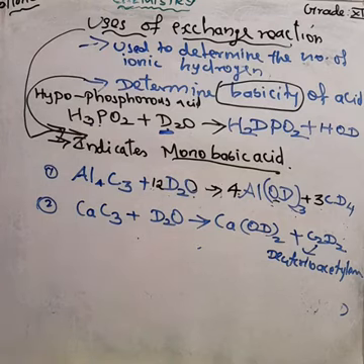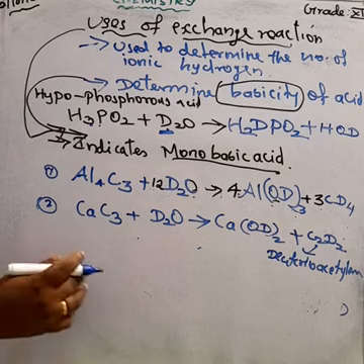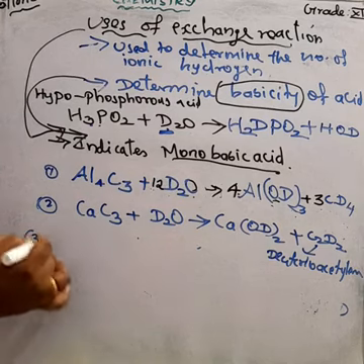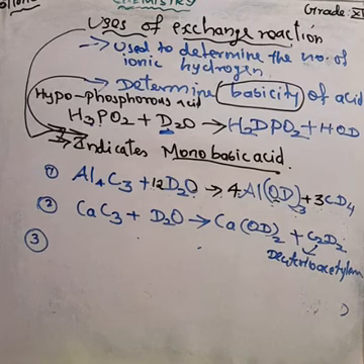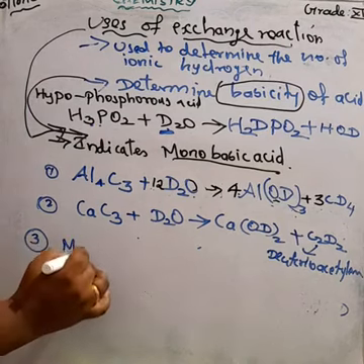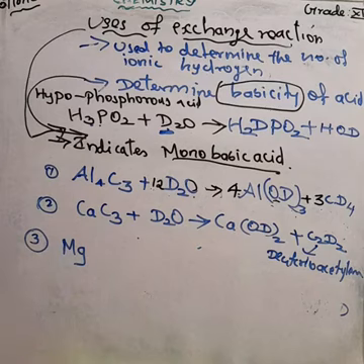And another example here, magnesium nitride. What is the formula for magnesium nitride? Mg3N2.